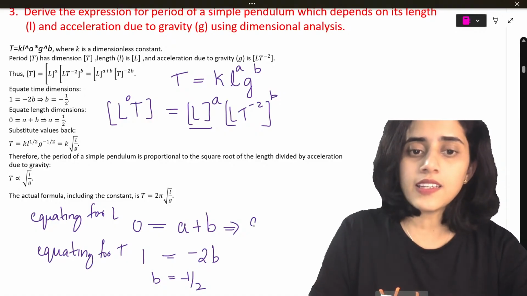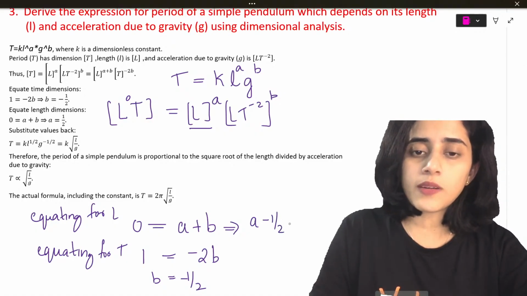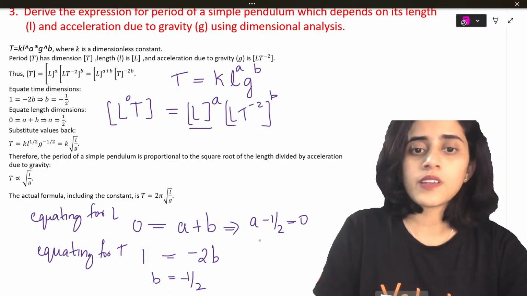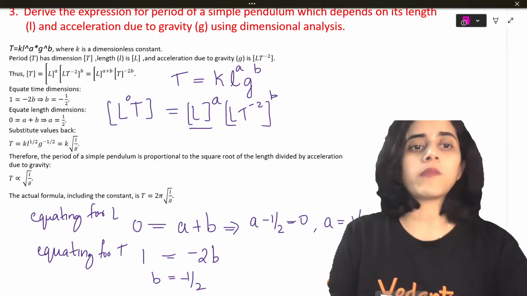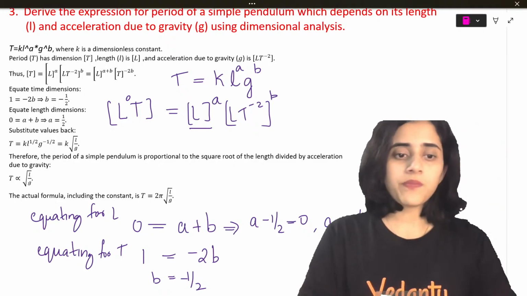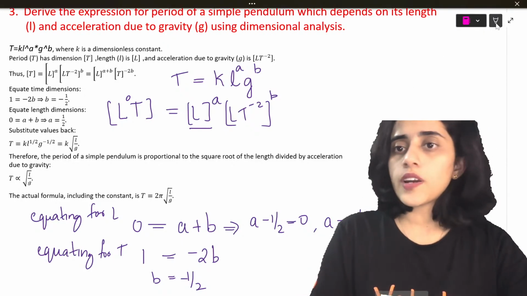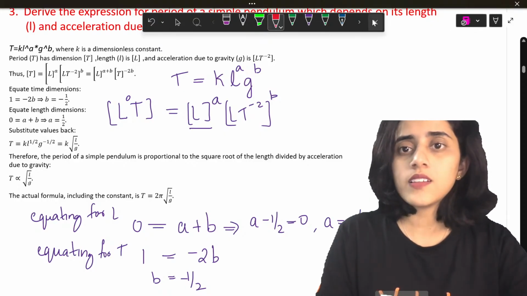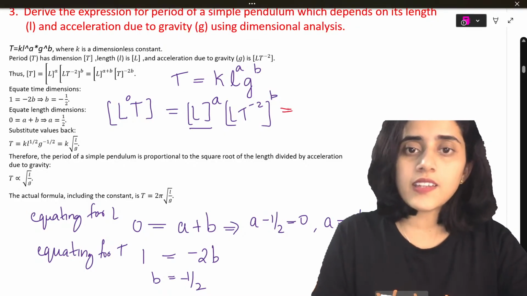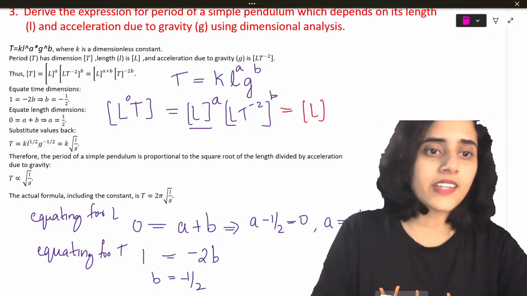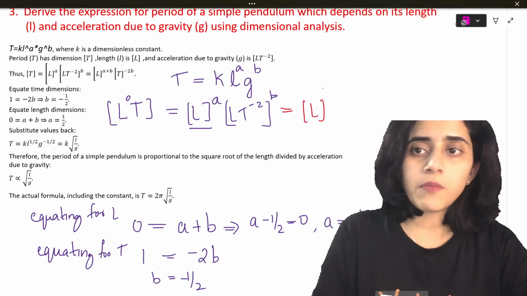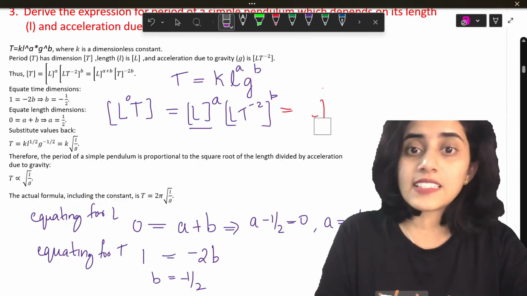So this is basically A minus 1 by 2 equals 0. So I will get A equals 1 by 2. Now I will substitute that here. So instead of L raised to A, I'll write L raised to 1 by 2. Let me just substitute it in my equation.